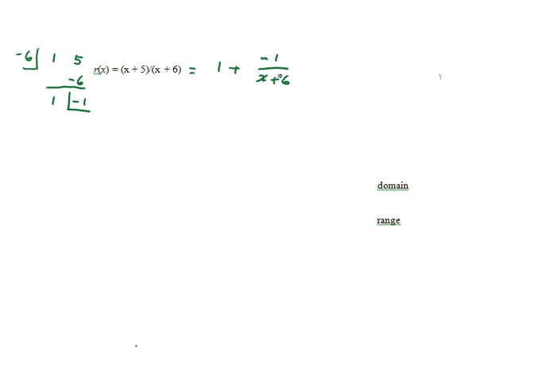And so in this case, we will start with 1 over x. We'll move to 1 over x plus 6. We'll then multiply that by -1. And lastly, we'll add 1.